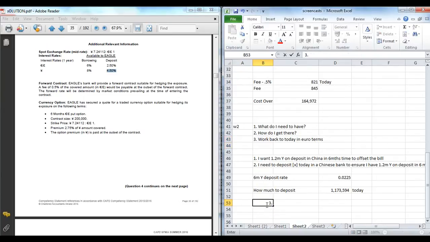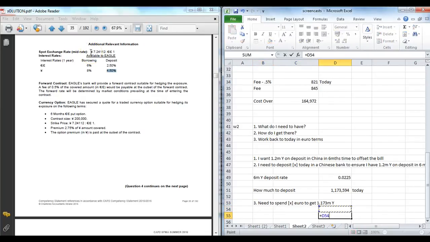So step 3 is, I need to spend X euro to get 1.173 million Chinese yuan. So the point is, if I need to deposit 1.173 million Chinese yuan today, how much does that mean in euro today? And of course, if it's today, I'm going to translate at the spot rate.